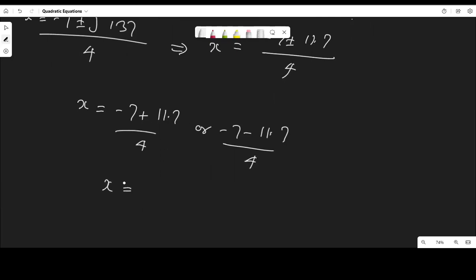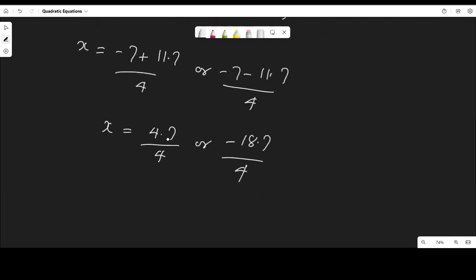Minus 7 plus 11.7 will be 4.7 over 4, or minus 18.7 over 4. And 4.7 divided by 4 is 1.175, or negative 4.675.